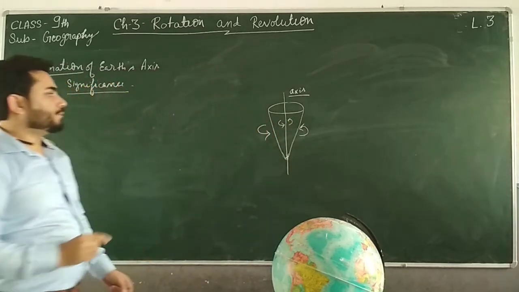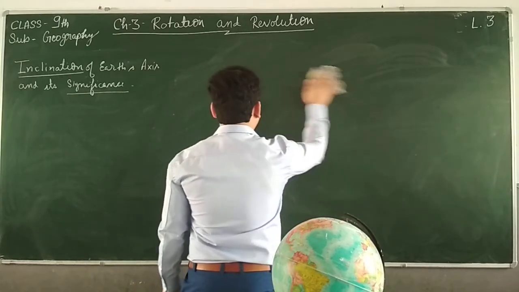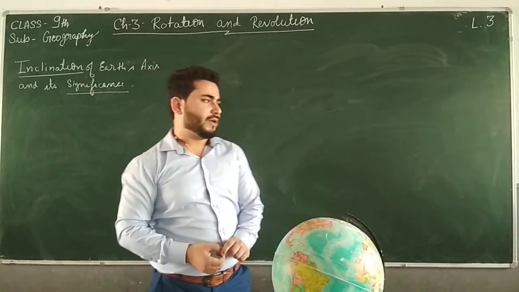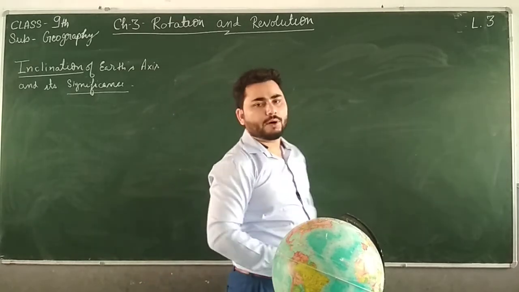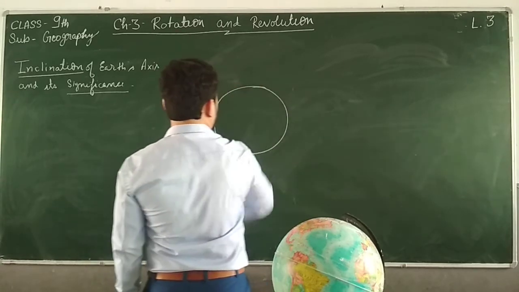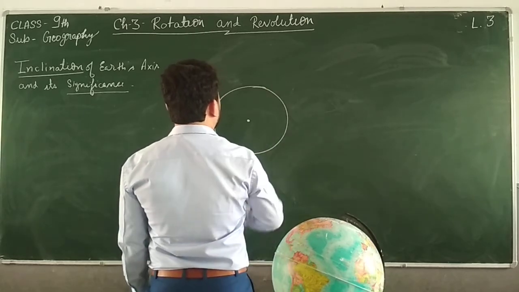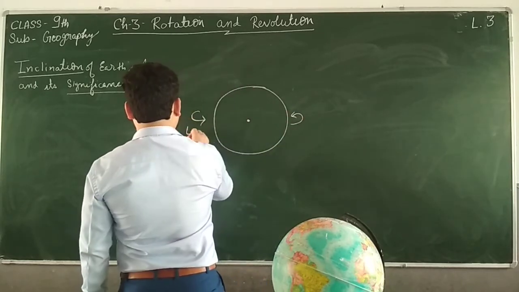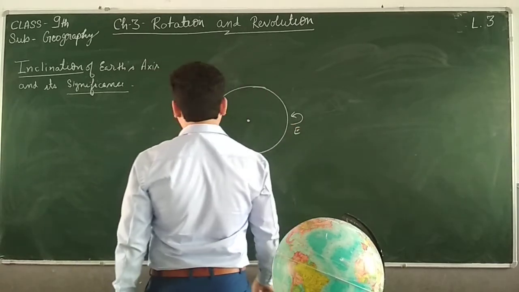Clear? Likewise, Earth is also rotating, and the line which is perpendicular to its rotation and passes through the center is called the axis of Earth. Suppose this is Earth and this is its center, and Earth is rotating from west to east in this manner.